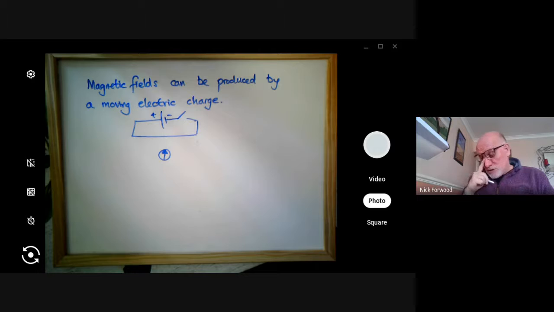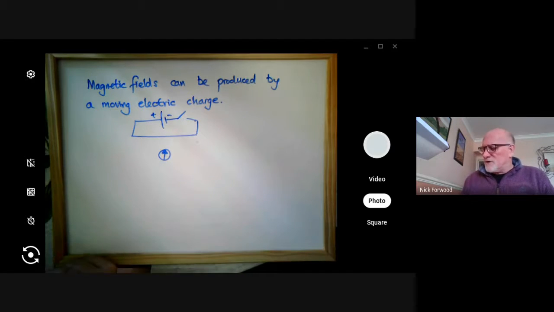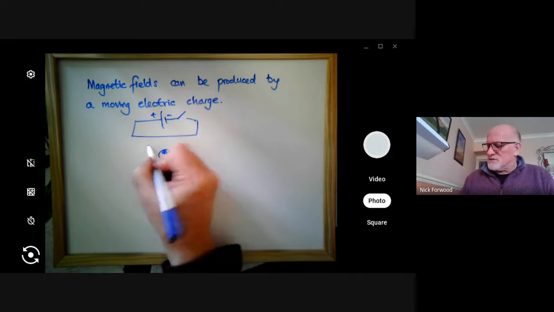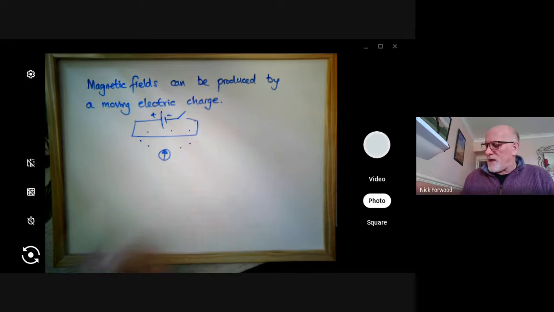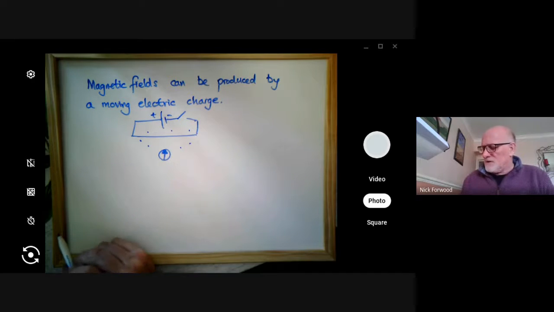As soon as you close the switch, this compass needle will swing round and will point in a different direction. So you can take this compass and put it in various positions around the wire, and then you can map out where the field is, because the direction of the field is indicated by which way the compass is pointing.